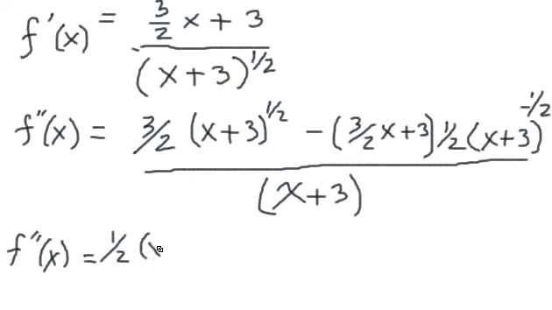And I said that I was going to pull an x plus 3 to the negative half out. And where are we at here? Okay, I'm going to start a bracket here instead of a parentheses.